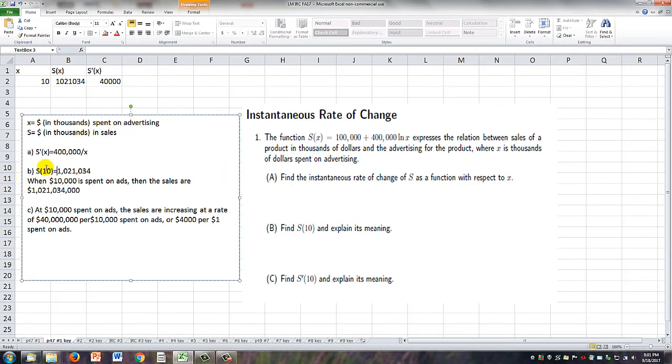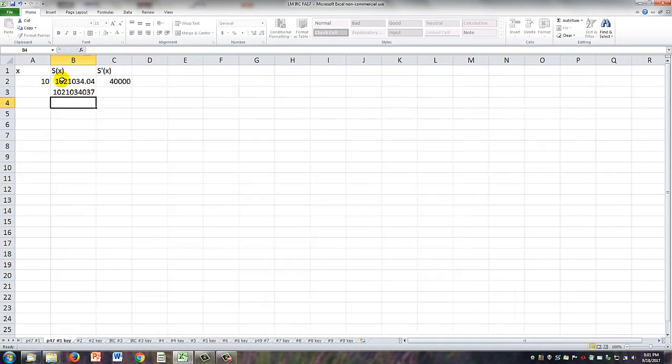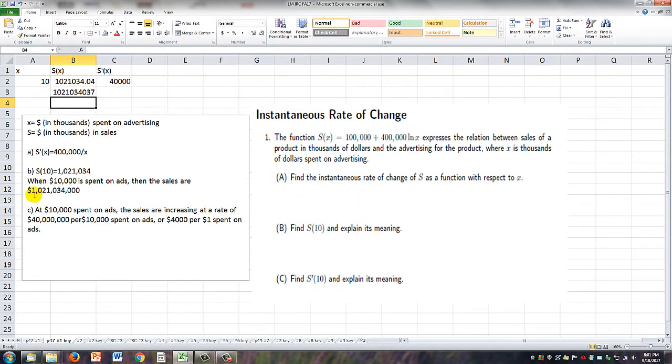So when $10,000 is spent on ads, then the sales are not just 1 million, but multiply this by 1,000 and add 3 zeros on the end. Or you can just use Excel, just click on this cell times 1,000, and you get this number, $1,021,034,000 in sales. And then in question C, S prime of 10 is an instantaneous rate of change.